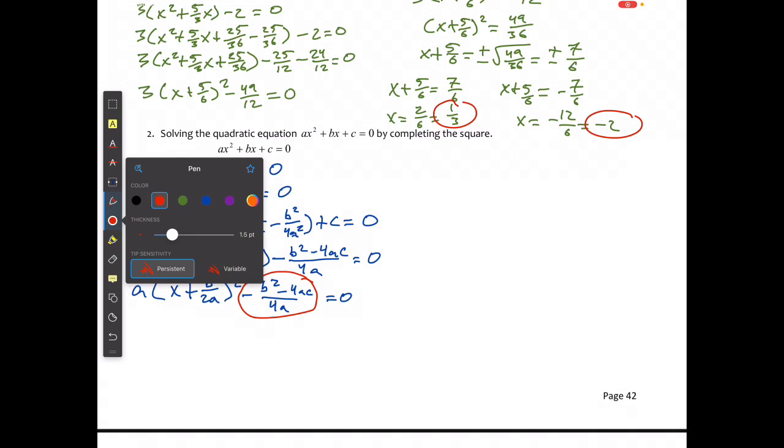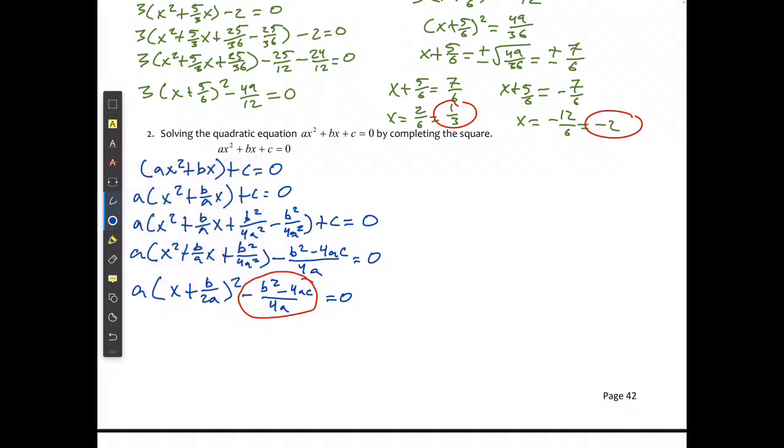So when I move that q value over, I'm going to get a bracket x plus b over 2a squared is going to equal positive, and so now it's going to become negative b squared minus 4ac over 4a. I'm going to divide both sides by a.